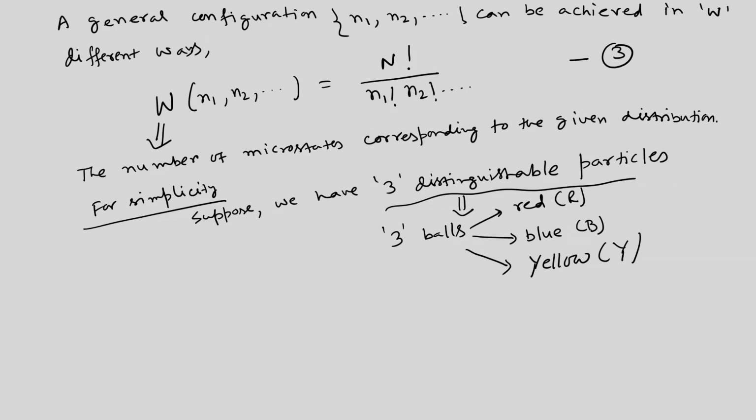You can distinguish those balls by their colors, like one is a red ball, one is a blue ball and another is a yellow ball. Okay. And we have three baskets.